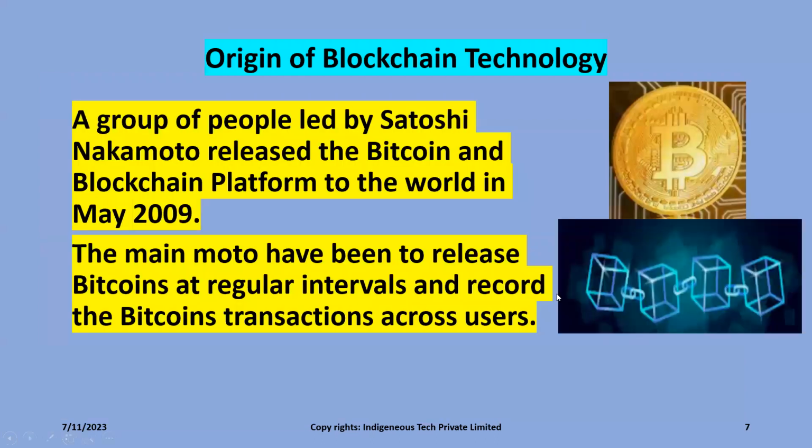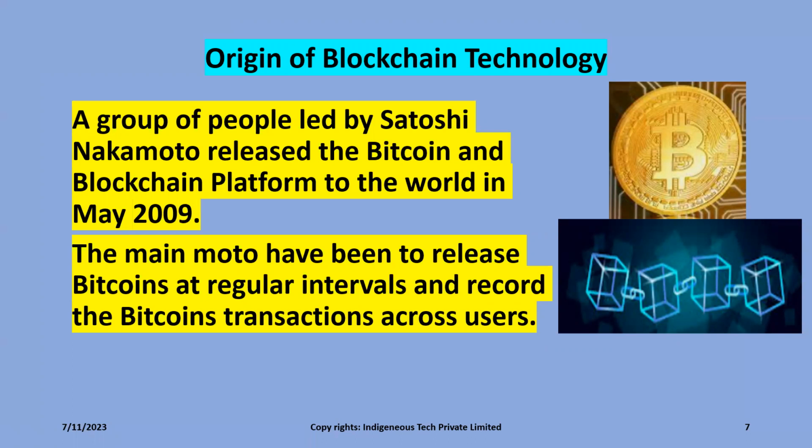Okay. Now, how did blockchain technology start, or where is the origin? A group of people led by Satoshi Nakamoto, who is still an invisible person. His name is available in the records, but he is not traceable as of today. Based on the information available in the log records of the blockchain, people have figured out that there was a person, along with some team people, called Satoshi Nakamoto.